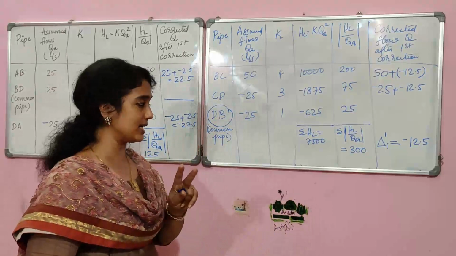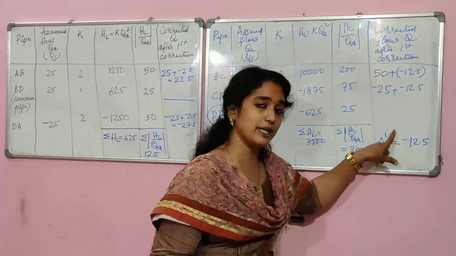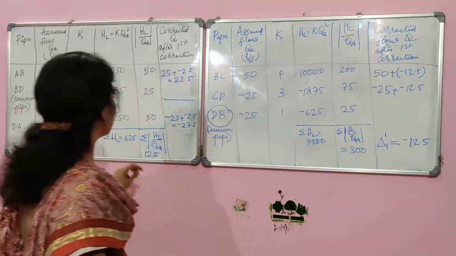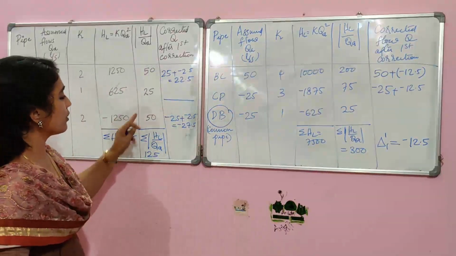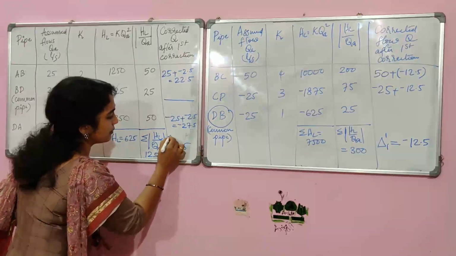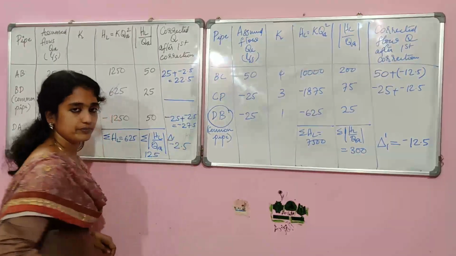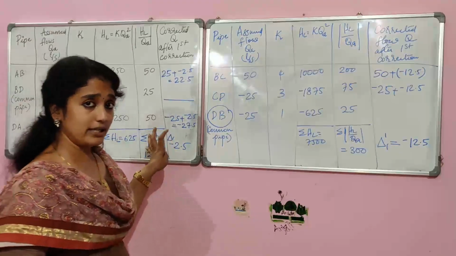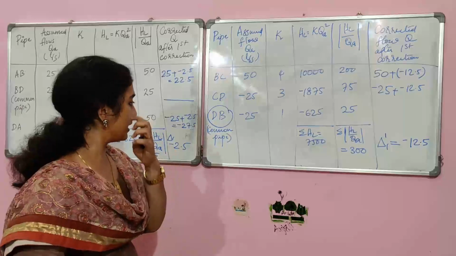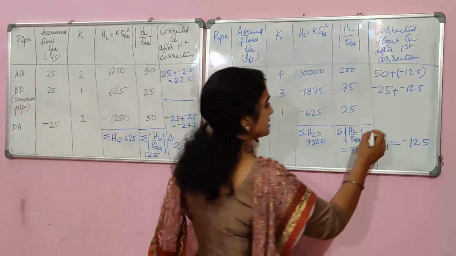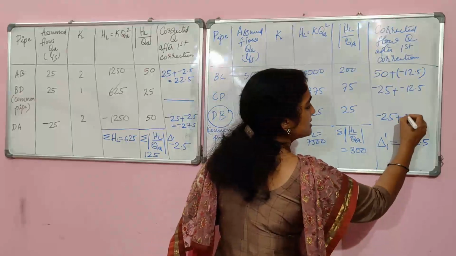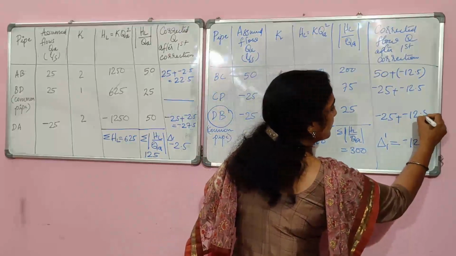Here two corrections are there. One is delta 1 dash, that is minus 12.5, and the other one is our value of minus 2.5, that was delta 1. You have to apply these two corrections to the common pipe DB. Here the value is minus 25 plus minus 12.5.